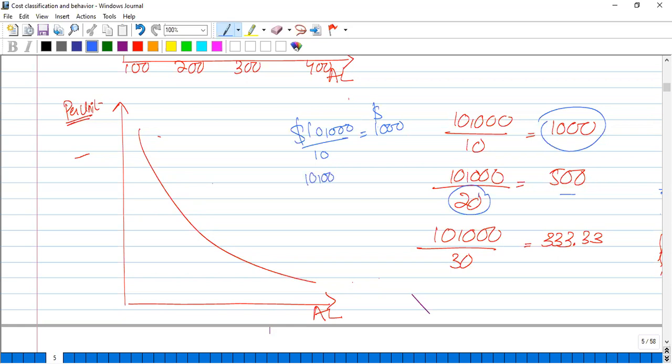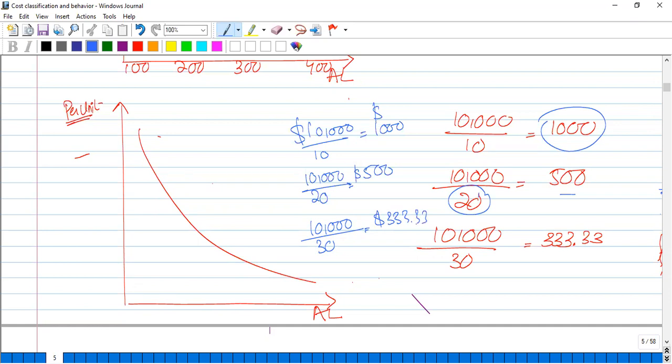And if me plus my 19 other friends are also going to the farmhouse, now I have increased the number from 10 to 20. Now the per head cost is $500. Again, the farmhouse rent is 10,000, but now 30 friends are going. Now the per head cost, 10,000 divided by 30, is $333.33.